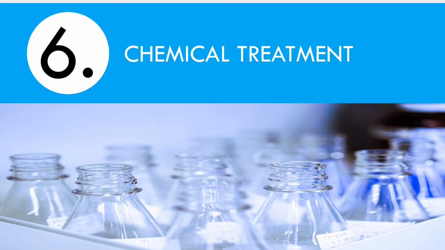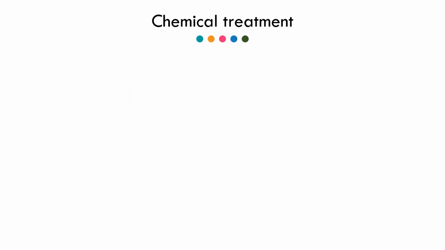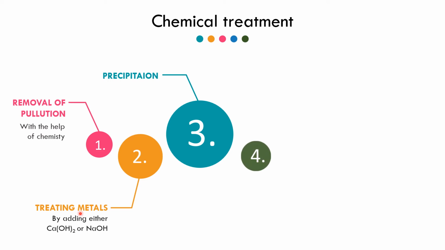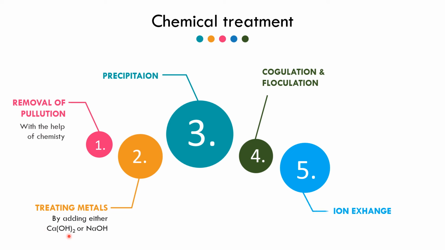Next method is chemical treatment. In a chemical wastewater treatment plant, pollutants are removed with the help of chemistry. Treating metals chemically by adding either calcium hydroxide or sodium hydroxide helps form insoluble metal hydroxide that can precipitate out of the solution.